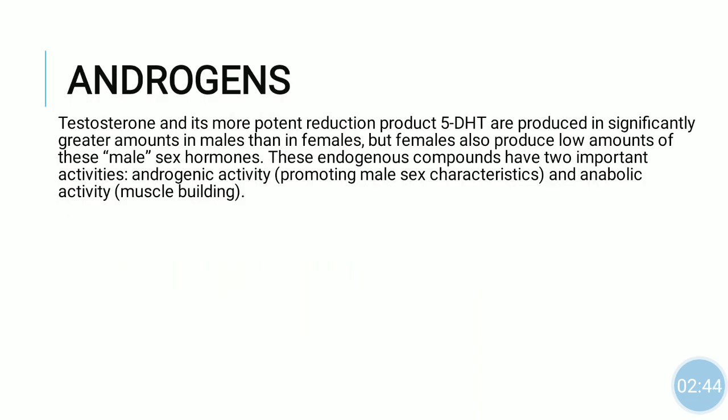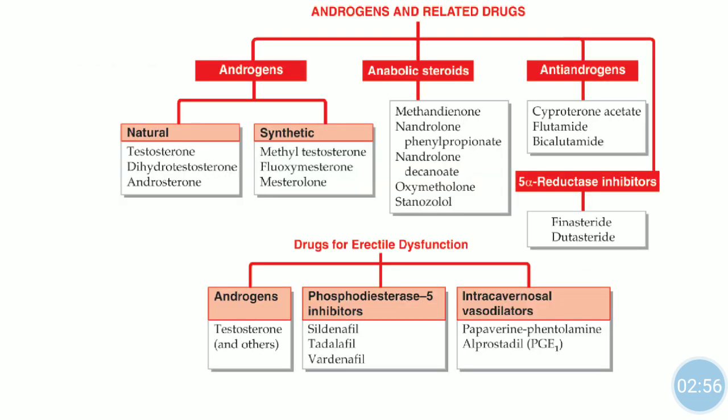We have seen the example of androgen, that is testosterone, which is only active when it is converted to 5-dihydrotestosterone. We have seen its classification also, and we know that in the case of androgens, we have only two examples, testosterone and nandrolone decanoate.